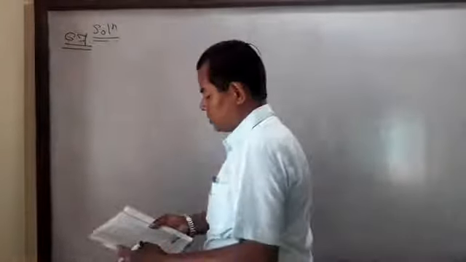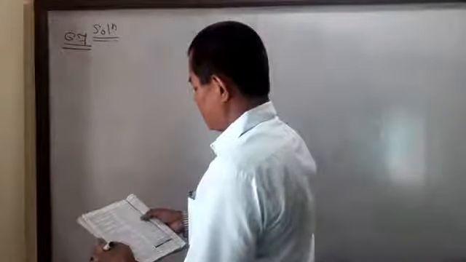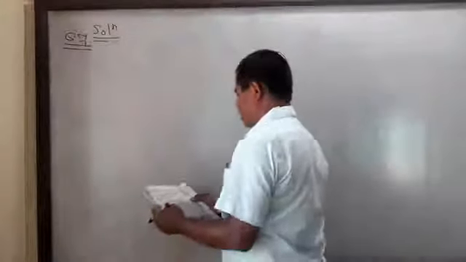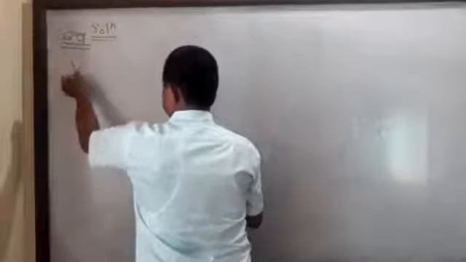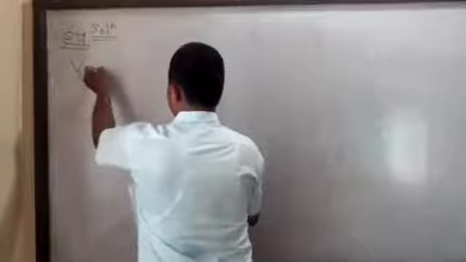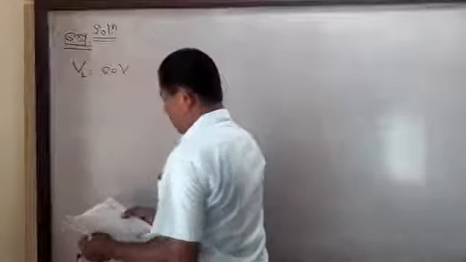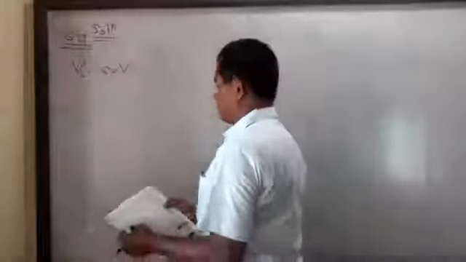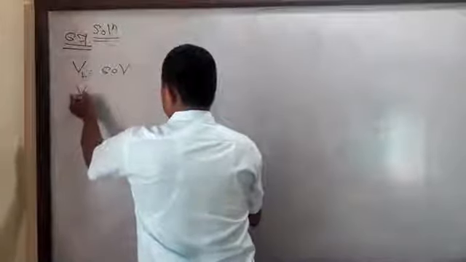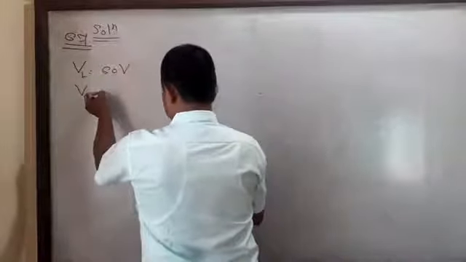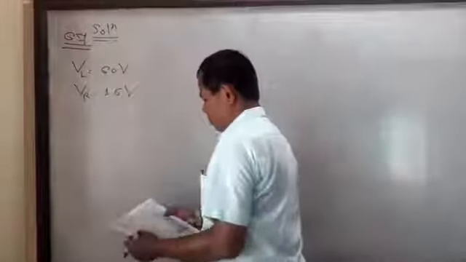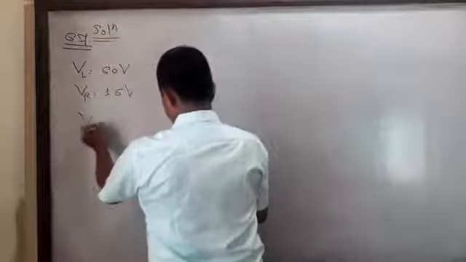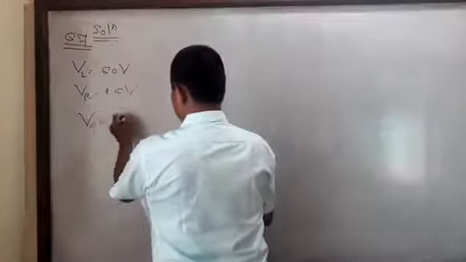Listen, what is the question telling us? An inductor, resistor and capacitor. The voltmeter reads 60 volt across the inductor, so VL is given to us as 60 volt. 16 volt across the resistor, so VR is 16 volt, and 30 volt across the capacitor, so VC is 30 volt.